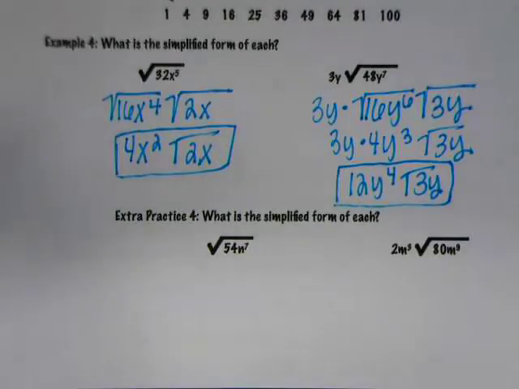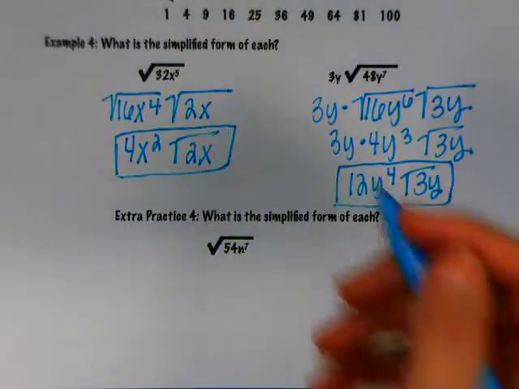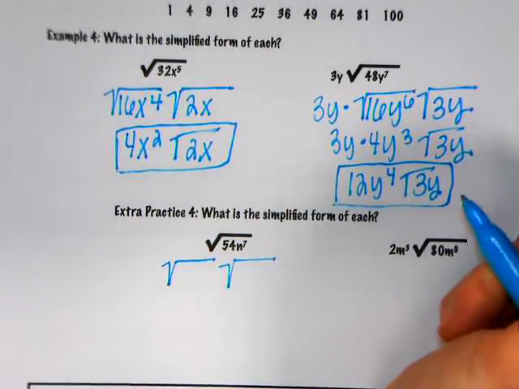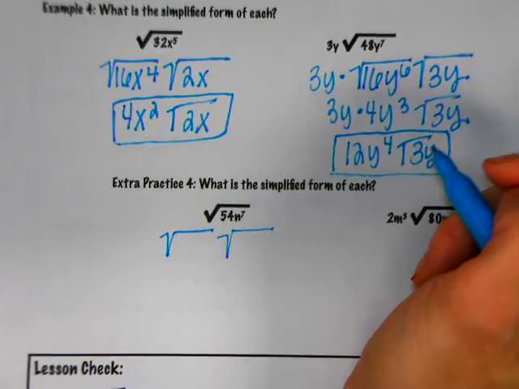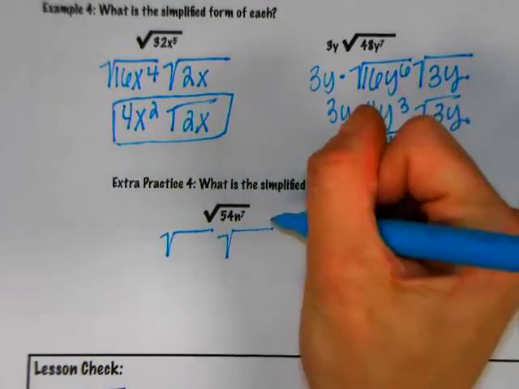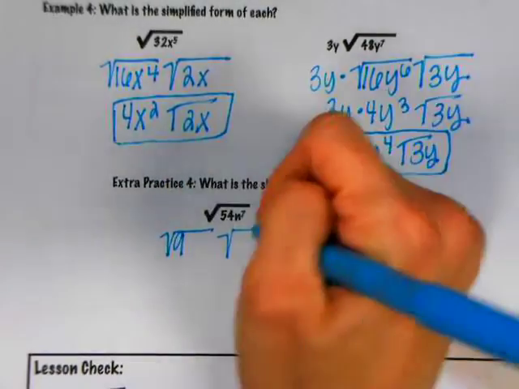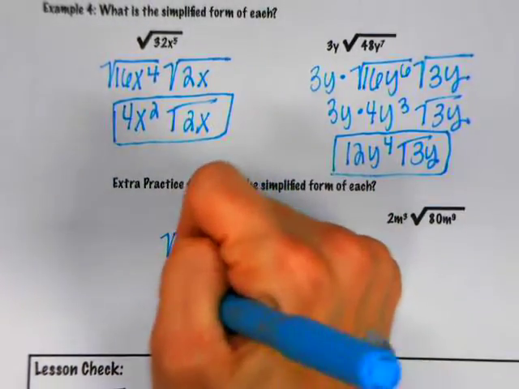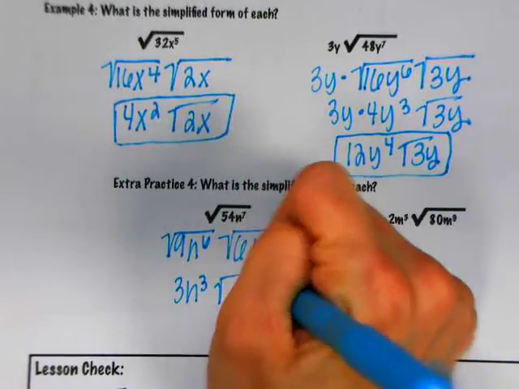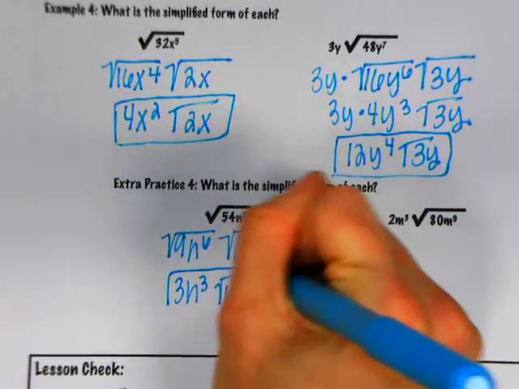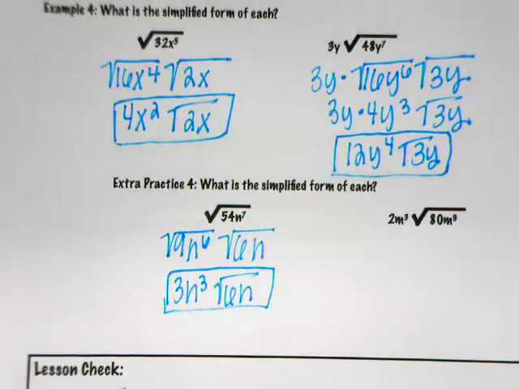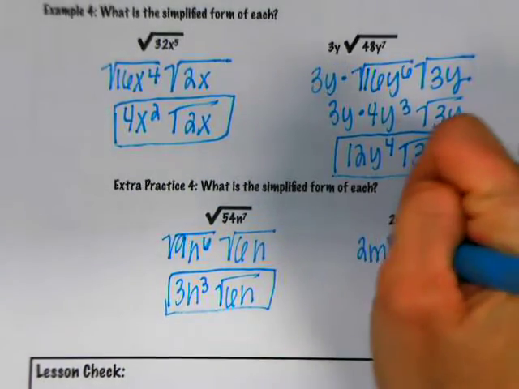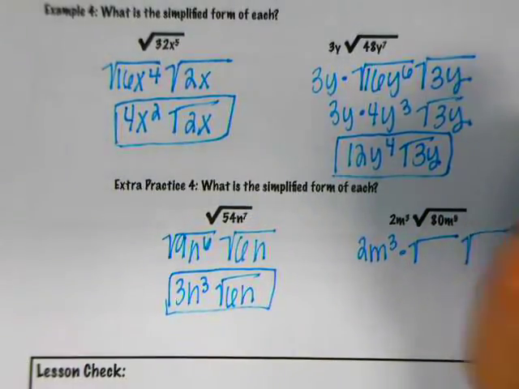All right, we ready? All right, 54, what'd you guys use? 9 times what? 6, and then you shove n, and then n to the 6th. Shove 3, n to the 3rd, radical 6n. Good? Okay. What about 80?